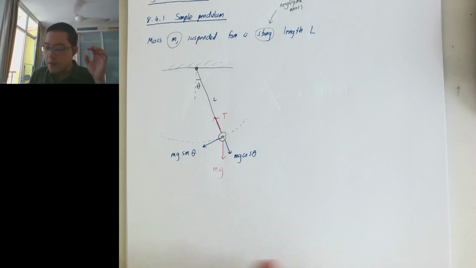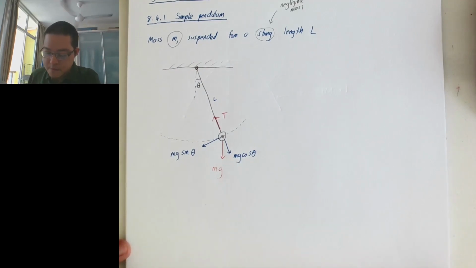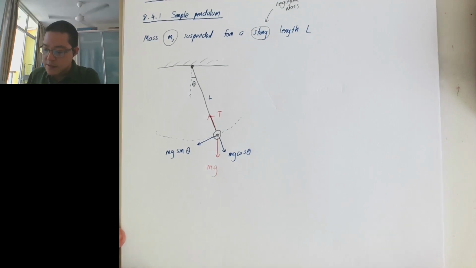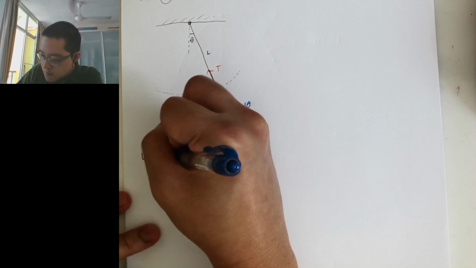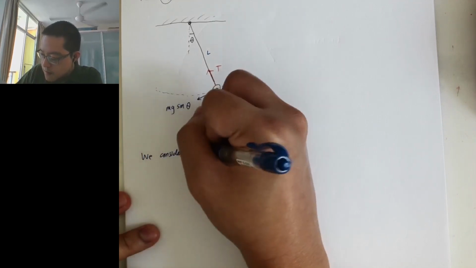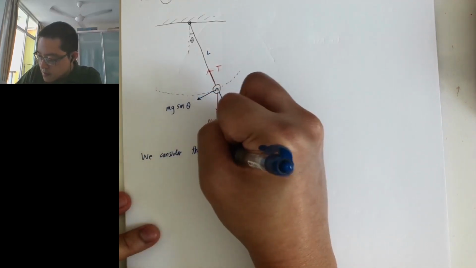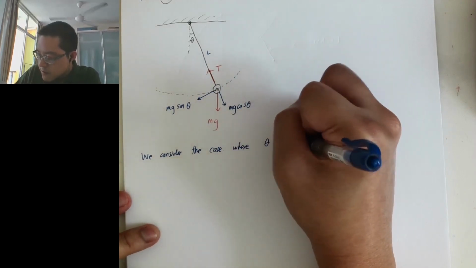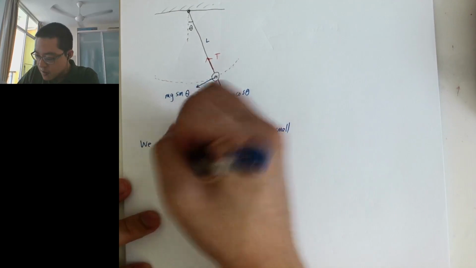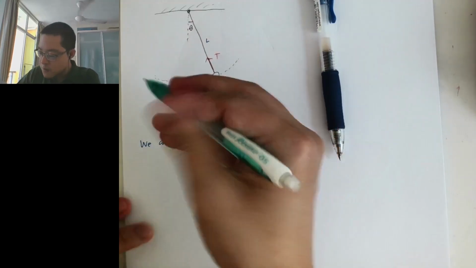Okay, so I will resolve this. Then I'm going to do an approximation, because the full equation cannot be solved. So now we consider the case where theta is small. When theta is small, my pendulum is almost vertical.